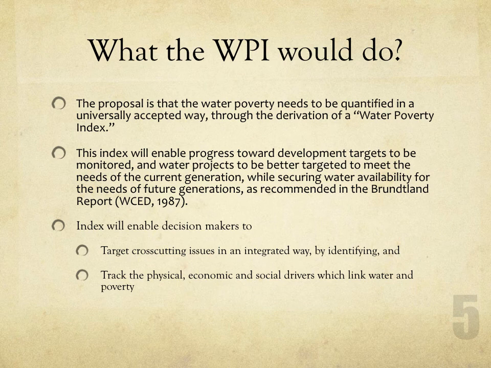The index will also enable decision makers to target cross cutting issues in an integrated way by identifying and tracking the physical, economic, and social drivers which link water and poverty.